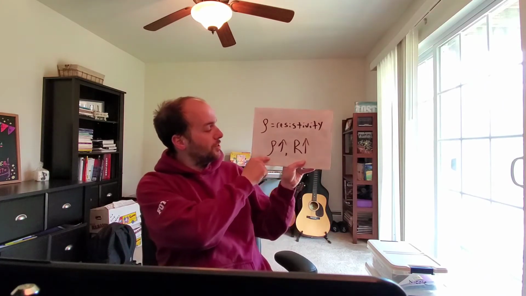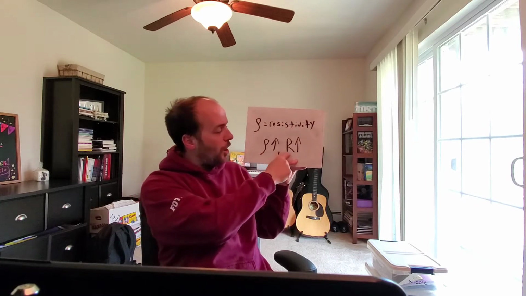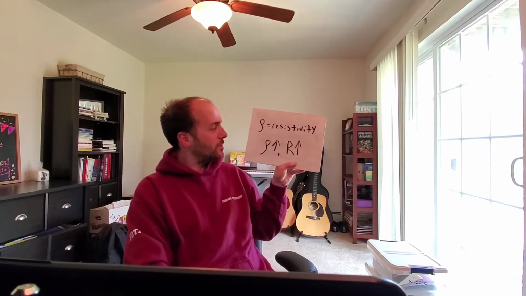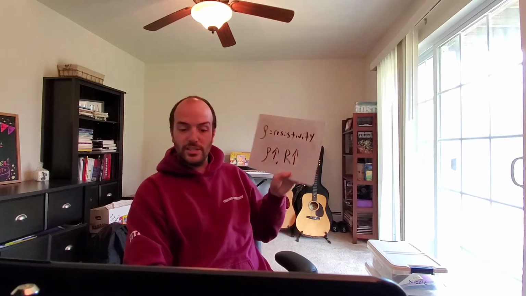Okay, now, the resistivity affects the resistance in this way. As the resistivity goes up, the resistance goes up. So this is your rho for resistivity, R is for resistance. Okay, so as the resistivity goes up, the resistance goes up.